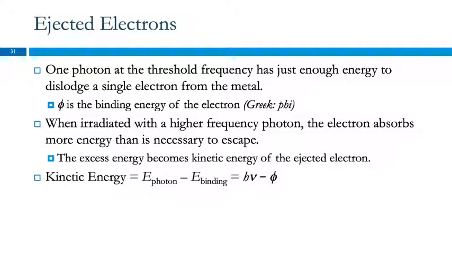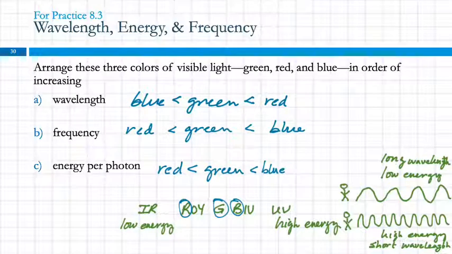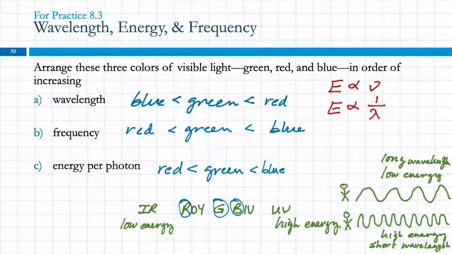So will the energy per photon and frequency always be proportional, right? Yes. Energy is proportional to frequency, and energy is proportional to 1 over wavelength, because frequency is proportional to 1 over wavelength.